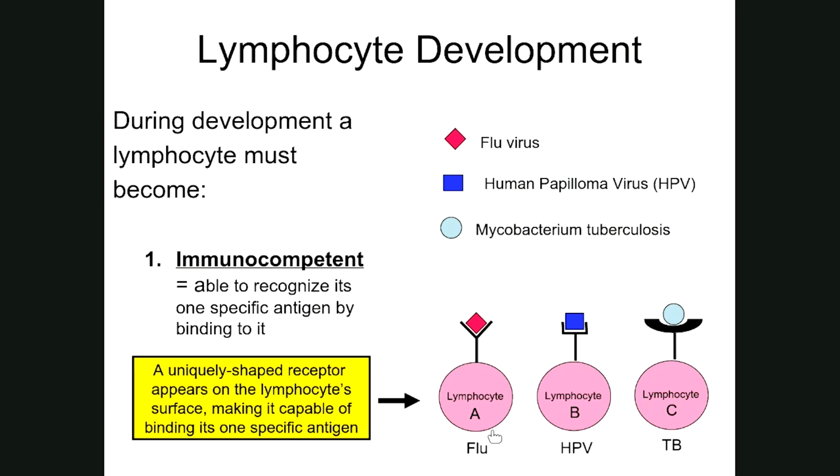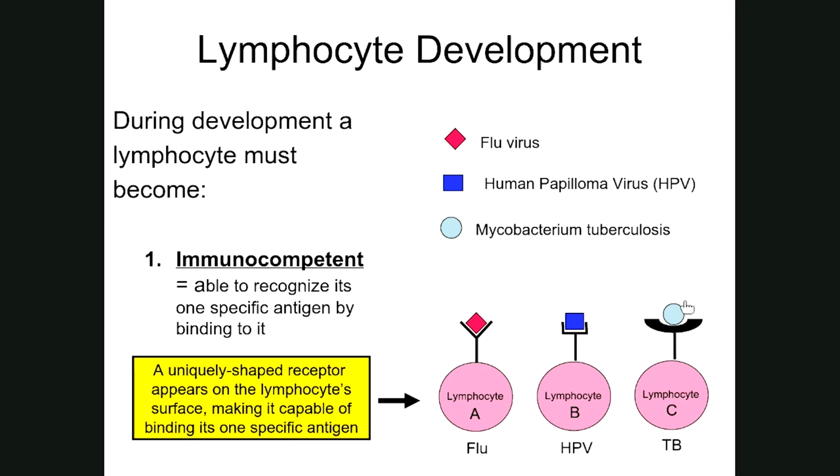So lymphocyte A here is immunocompetent for flu virus because it has a receptor of a shape that allows it to bind to the flu virus like a lock and key. Over here, we have my example of another lymphocyte. This one is lymphocyte B, and I've said that it's immunocompetent for HPV. And what that means is it has a receptor that's of the correct shape and size to be able to bind to human papillomavirus. This one over here, again, is immunocompetent for tuberculosis bacterium.